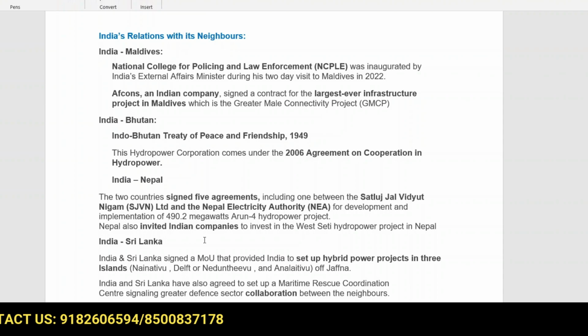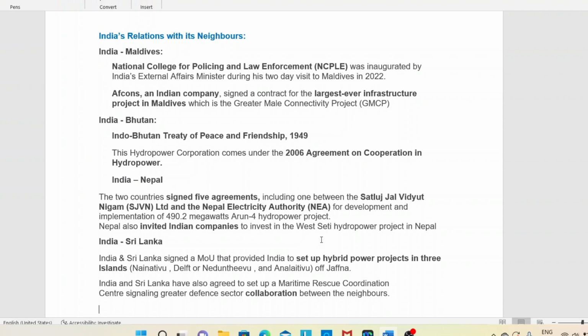Nepal also invited Indian companies to invest in the West Seti hydropower project in Nepal. This is about the India-Nepal relationship.